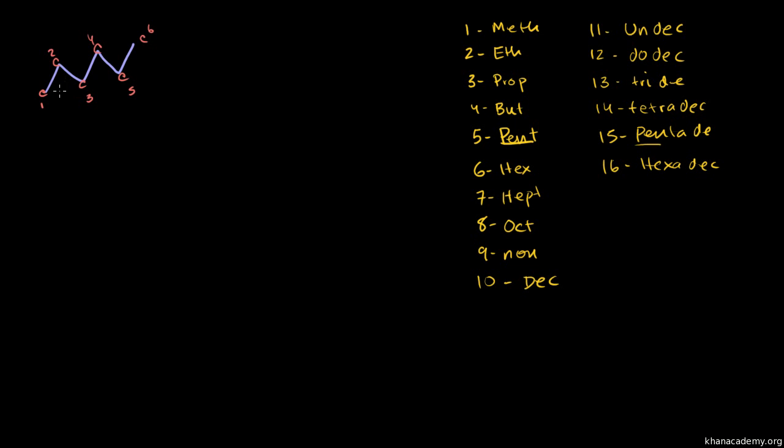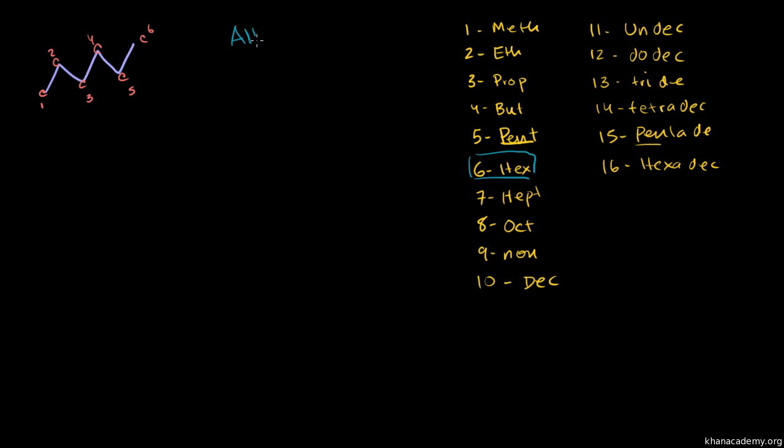What I drew here is just one chain. So let's try to name it. How many carbons do we have here? We have 1, 2, 3, 4, 5, 6 carbons. So we'll be dealing with hex as a prefix. And then to get the postfix, or the root, you look to see if there are any double bonds here. And there are no double bonds here. If we have no double bonds in this carbon chain, we're dealing with an alkane.